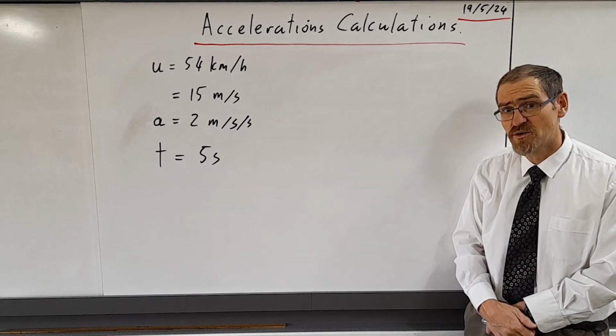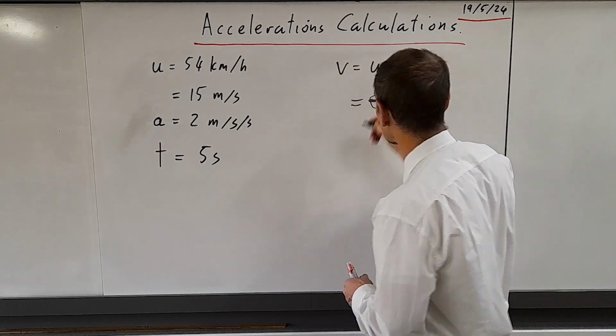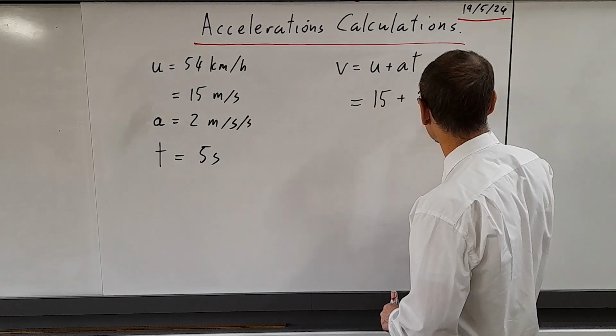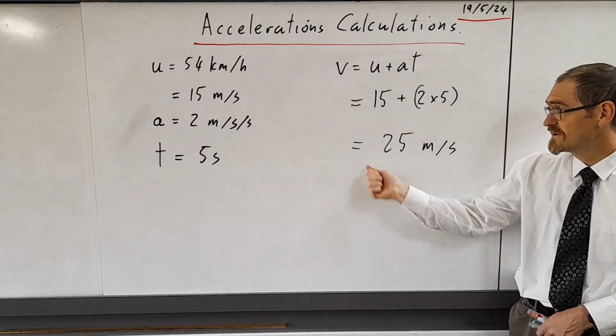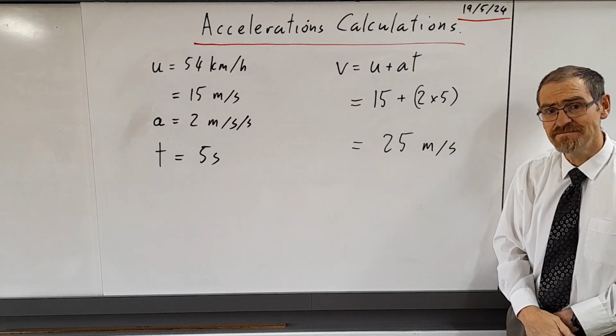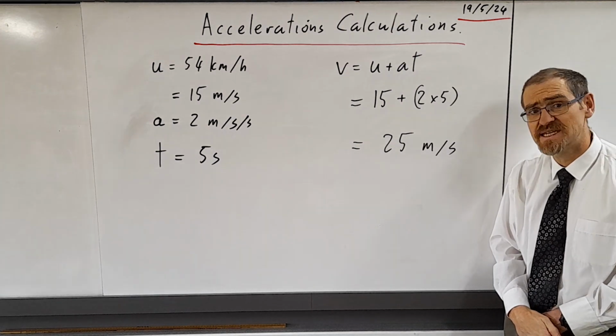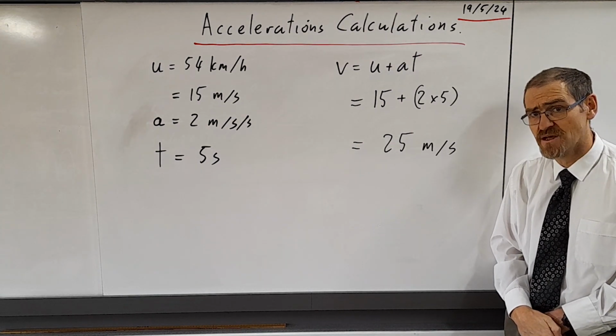I'm going to declare my equation. I'm going to show all my working out. I get my final answer, 25 meters per second. And since his original velocity was in kilometers an hour, I'm going to convert this back to kilometers an hour.